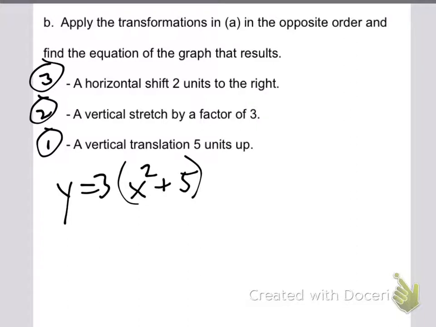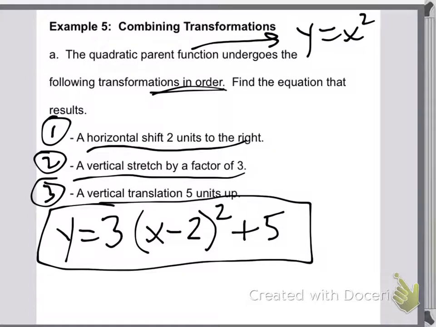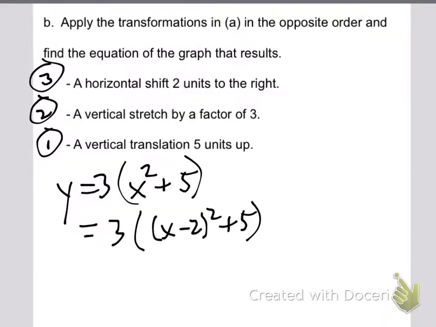Now we have the shift. Watch what happens. Because we reversed the order, now that vertical stretch of 3 affects this entire equation. Whereas in this one, it only affected the horizontal shift, excuse me. Okay, so notice how the order of the transformations matters there.